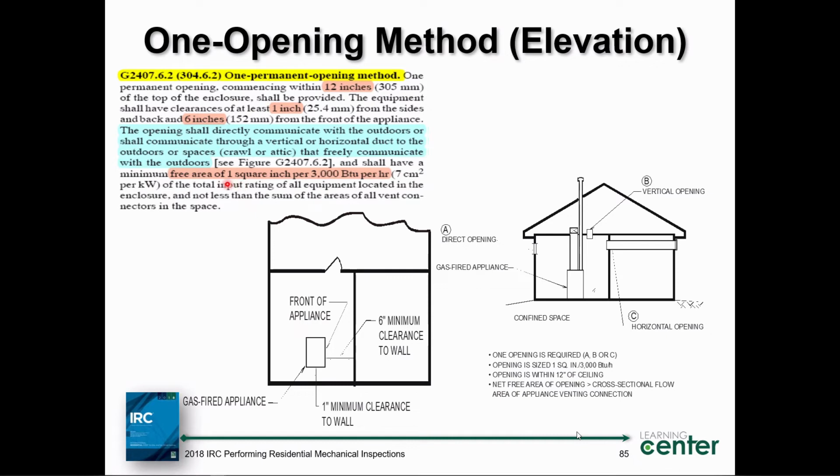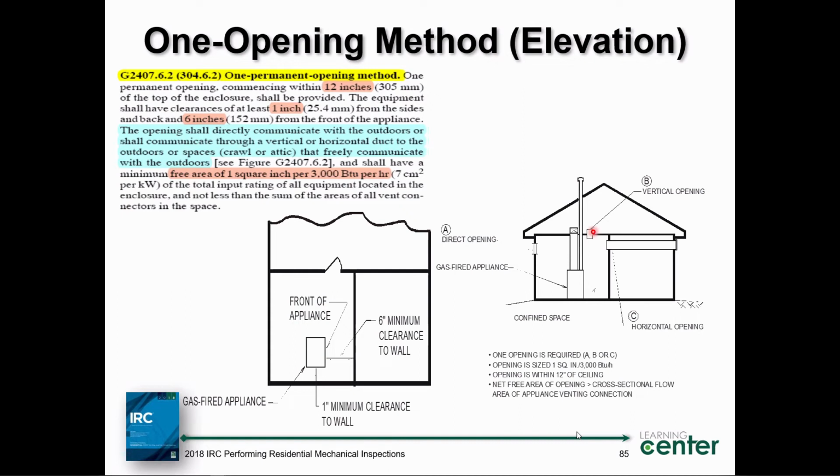But here, look at this. It says right here, you need a free area of 1 square inch per 3,000 BTUs per hour. I say, okay, I'll add up all the BTU per hour ratings of my appliances and I'll divide by 3,000. That'll give me my area minimum of opening into the attic space. But wait a minute.